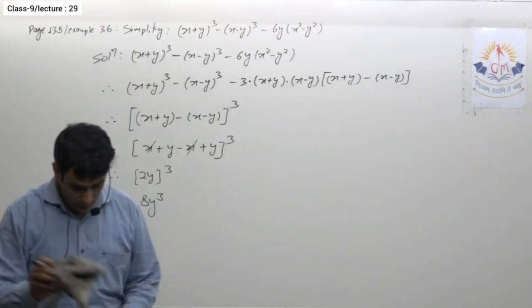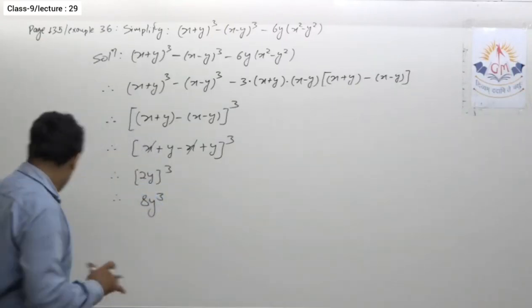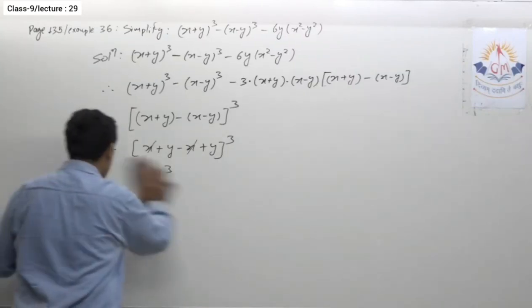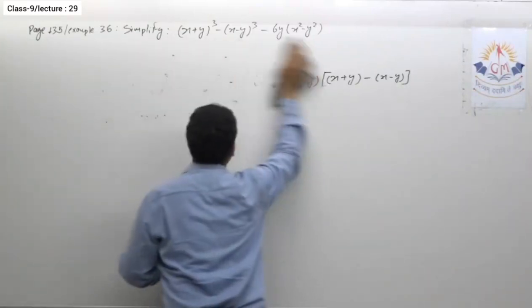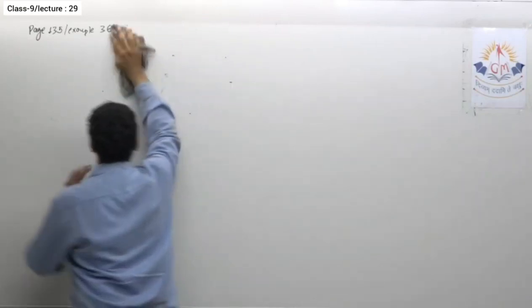Okay, now let us see the next question. Next question onwards, we are going to use one more identity that we already discussed. Before I move to the questions of that identity, let me write that identity.